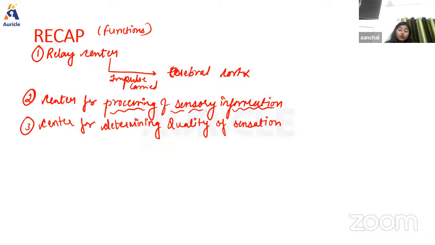That is, to determine the affective nature of sensation. In a sensation, as we know, there are two qualities, the discriminative nature and the affective. Discriminative nature means the ability to recognize the type, the location and other details of the sensation, which is also a function of the cerebral cortex. Whereas the affective nature is the capacity to determine whether a sensation is pleasant or unpleasant, agreeable or disagreeable. So this is about the affective nature.